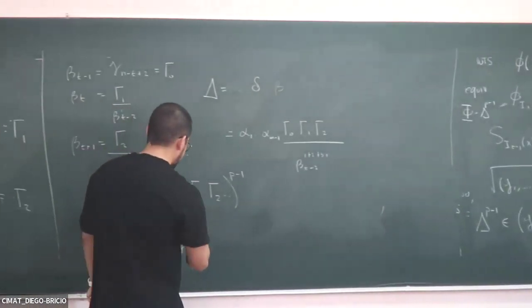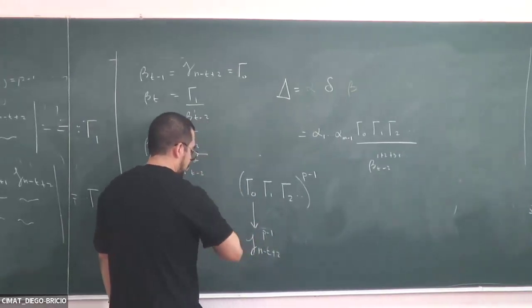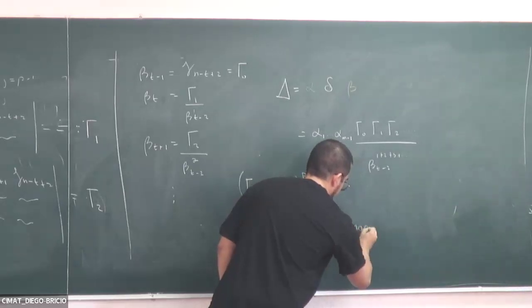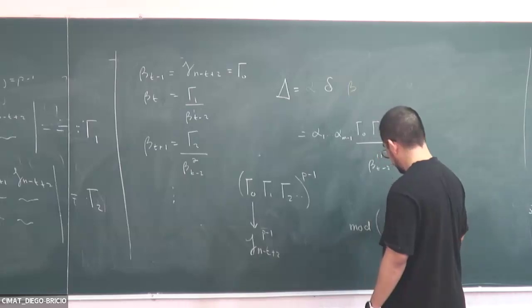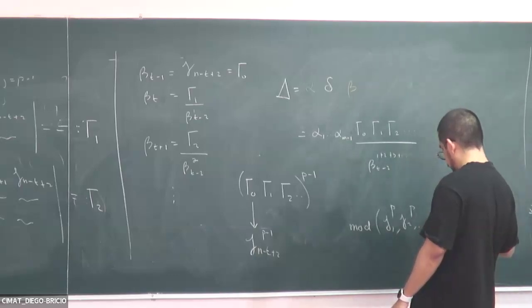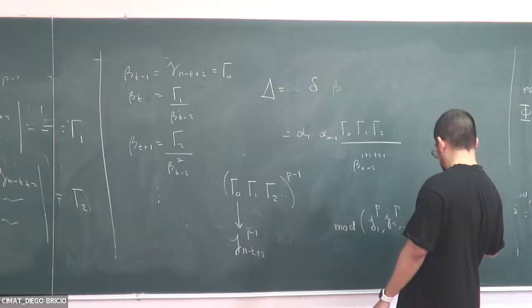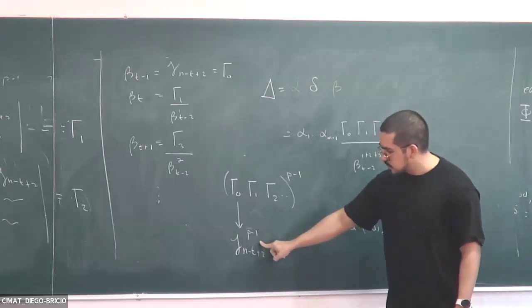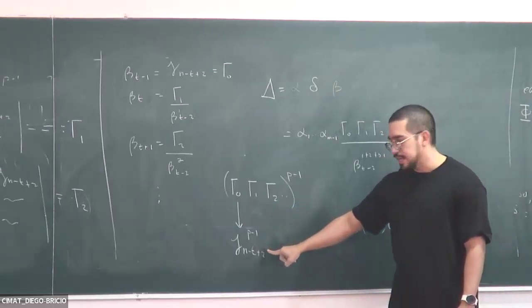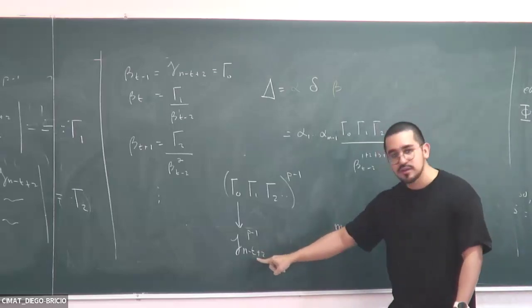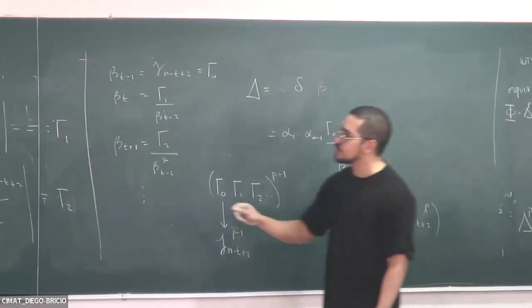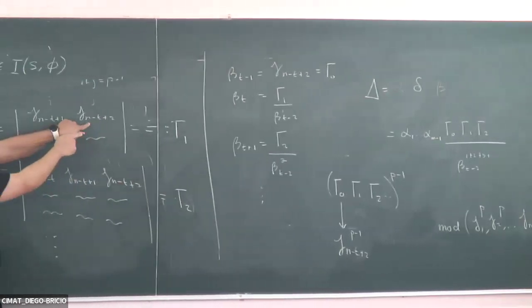And so if we check this modulo n minus 2 plus 2. Good. So this is gonna be 0 if you multiply by anything that has at least one of these guys, because then it's gonna be an element of the ideal. So here there is one of these guys.